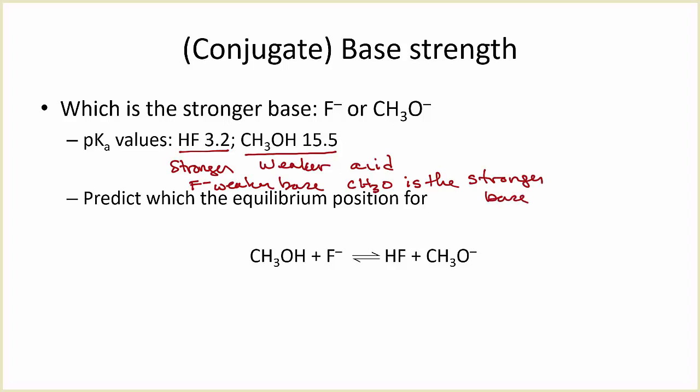So if you're looking at this equilibrium and trying to determine whether it favors product or reactant, what we'll find is that the stronger base is here and the weaker base is here. Just like we find for acids, the stronger acid will push the equilibrium to the side of the weaker acid.